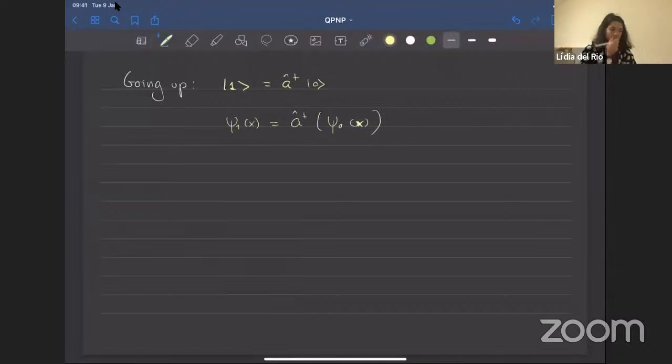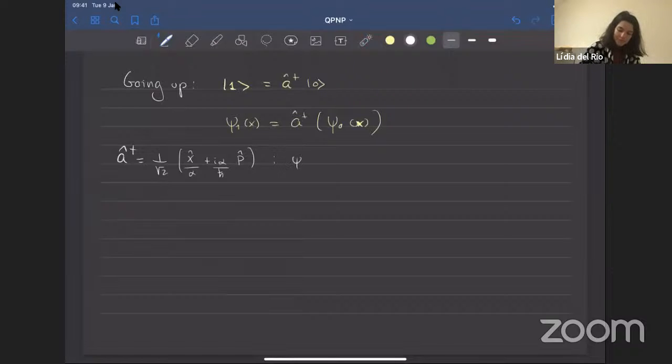Next. So how does A dagger act on the wave function? It's very similar. A dagger is 1 over square root of 2 times x over alpha plus i alpha over h bar p.